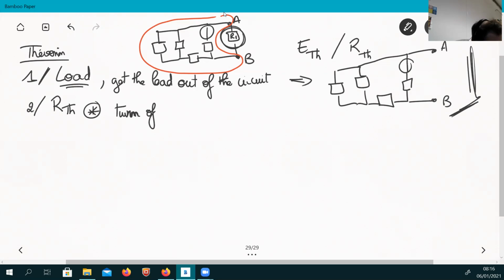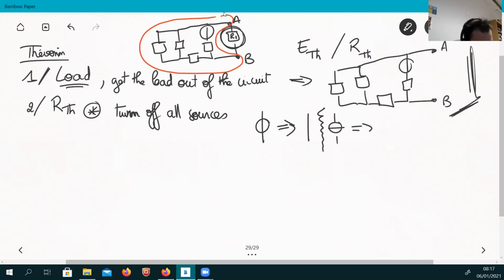Remember to turn off a voltage generator, it's a single wire, and to turn off a current generator, it's an open circuit. And you redraw the full thing. So back to my example, now I have something like this.